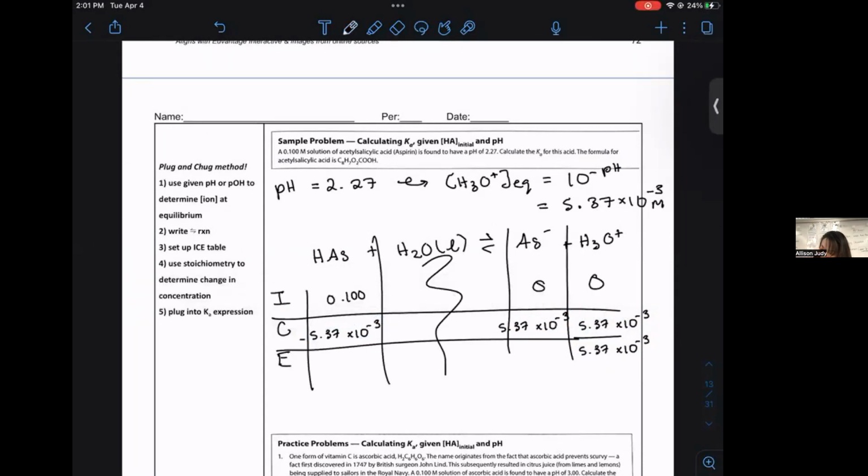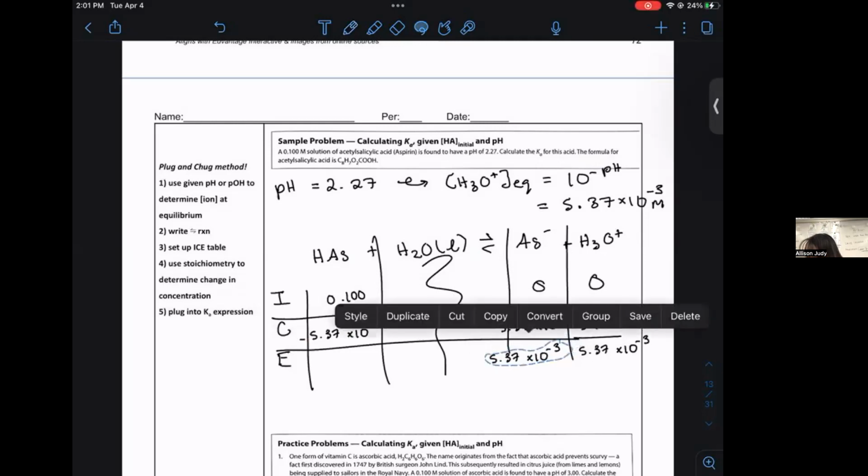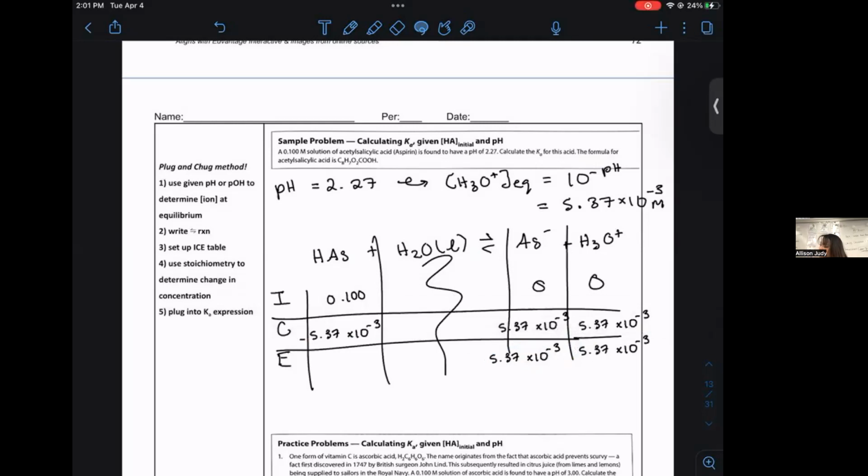And then I get a value when I do my equilibrium values. Ooh, gee willikers. When I do my equilibrium values, I get 5.37 times 10 to the negative third for my 2 ions and 0.100 minus 5.37 times 10 to the negative third to give me a value of, I don't know what that is. Anyone want to do that math?